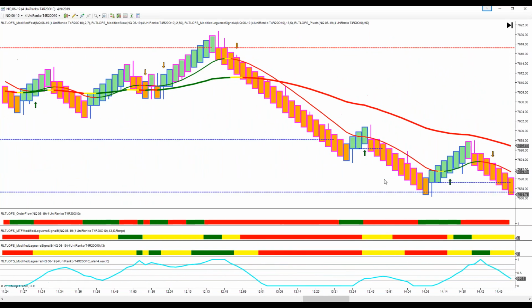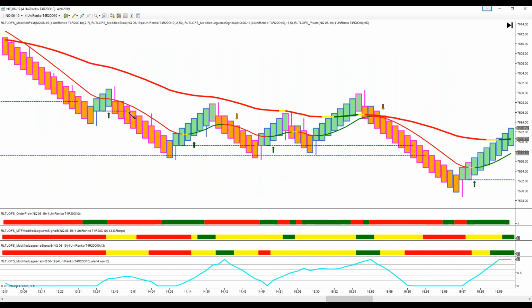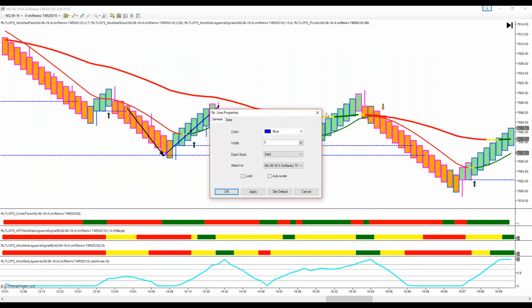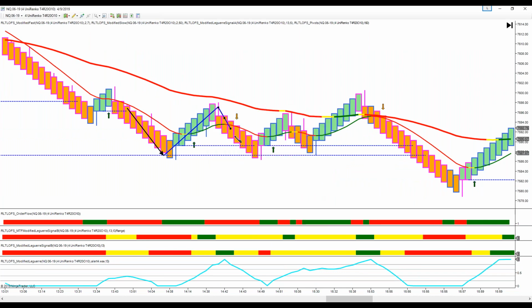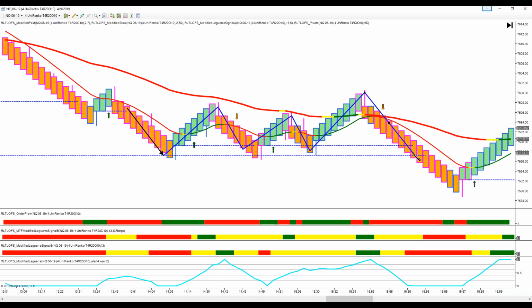And price really obeys it. Price comes down here, hits it, and bounces. Hits it and bounces. Hits it and bounces. And then when you finally break the pivot, which is right here, you get a tremendous shot, because what you're doing is you're stopping out all the residual buyers in this pivot.